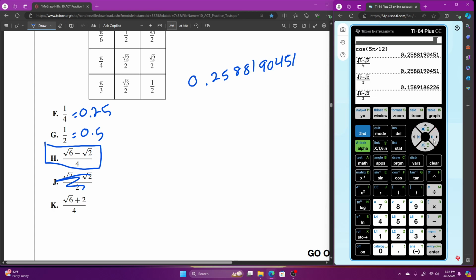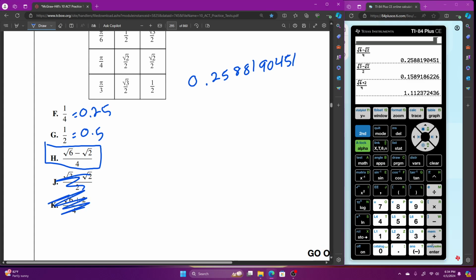And that's square root of 6 plus 2 over 4, even farther away. There we go. We know for sure the answer is H. So I'm not going to go through all of the steps and using that chart because we can just back solve. We can just find the match between the question and the answers.